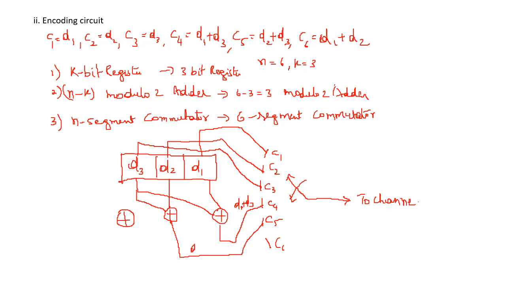The next one is D1 plus D2, so D1 plus D2 will form C6. So this forms the encoder circuit for the given problem.